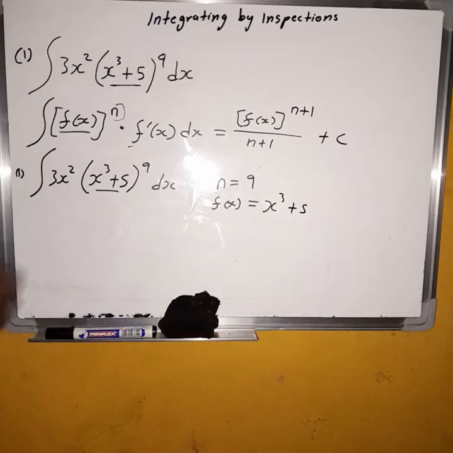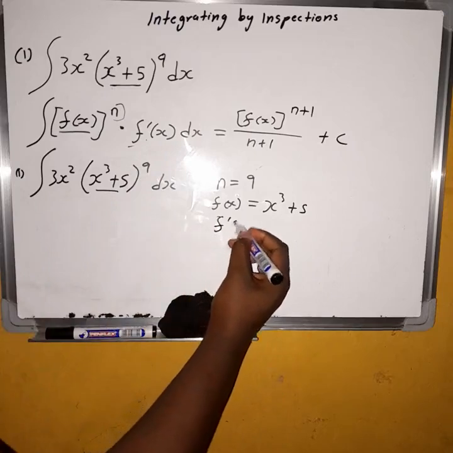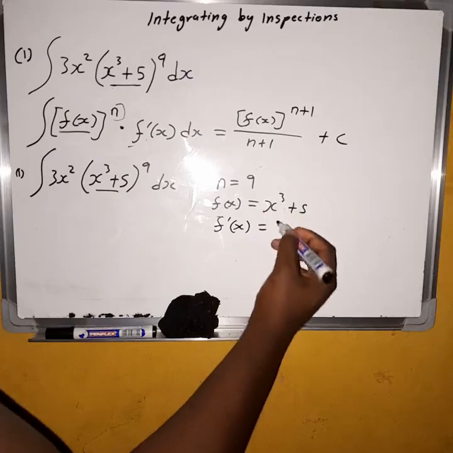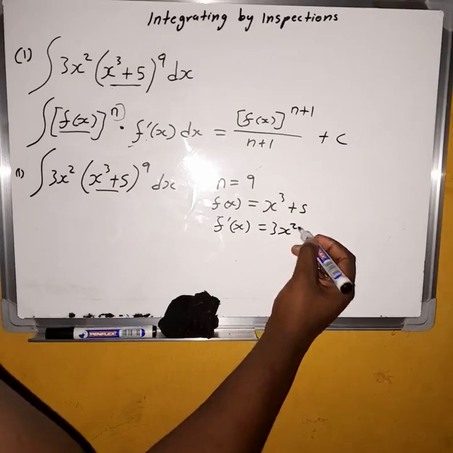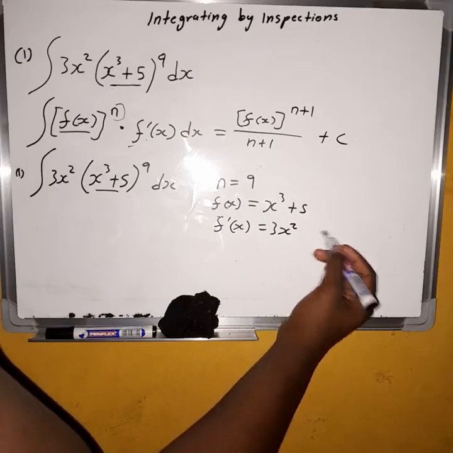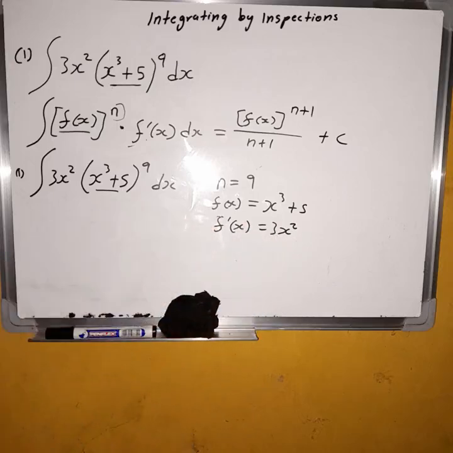Then what about f prime? You drop the exponent, 3, subtract 1 will be 2, and the 5 becomes 0. We have f prime as 3x squared.